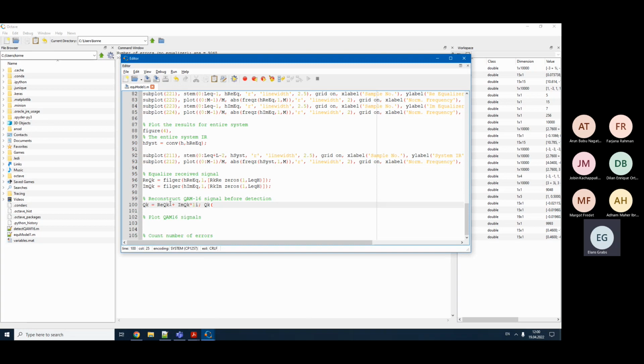Also, we need to cut off the first part of the signals and start reading our signal from this value. So QK from LEQ half plus 1 up to the end. That is going to be our new QK value.